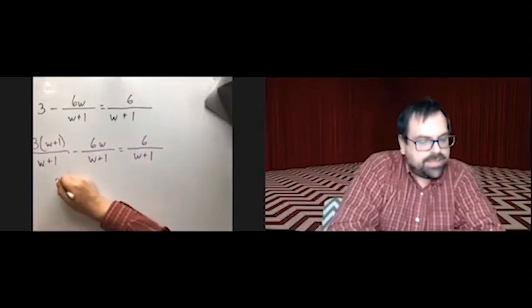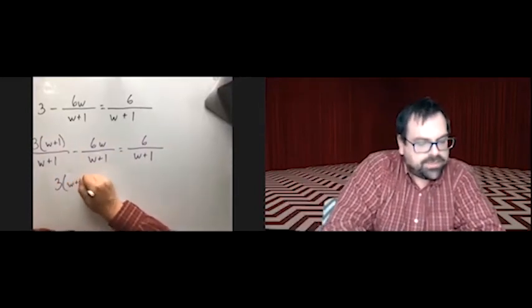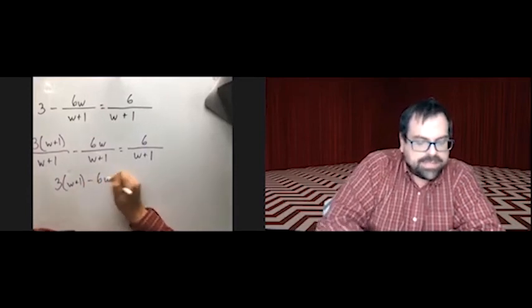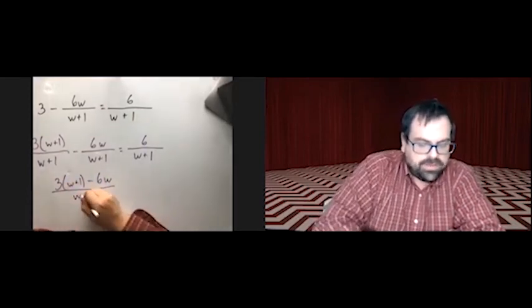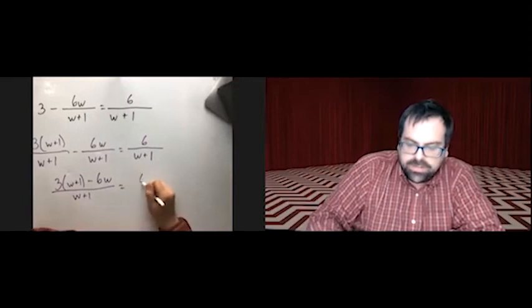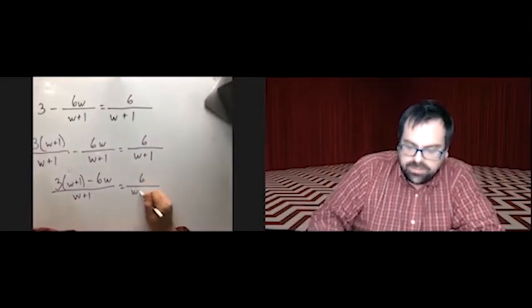So this is 3 times w plus 1 minus 6w all over w plus 1 equals 6 all over w plus 1.